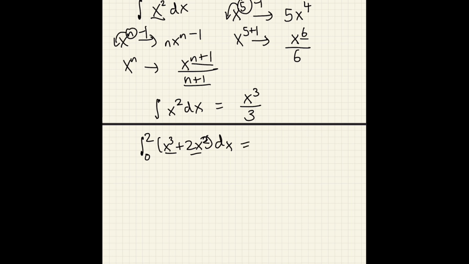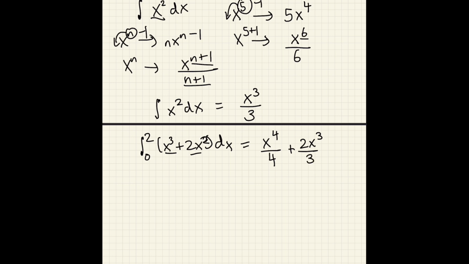So if I were to integrate x cubed, I would add 1 to the power, x to the power 4, divide by the power, over 4. If I were to integrate 2x squared, I would add 1 to the power, which is 2x cubed, and divide by the power. Okay.